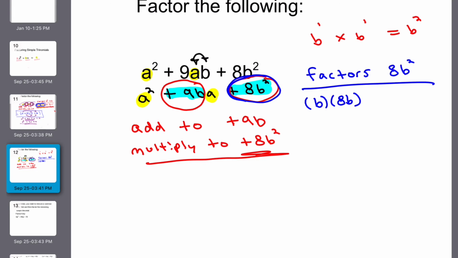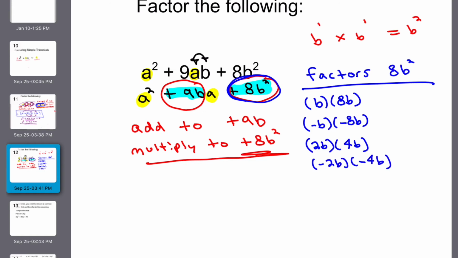We can do the negative versions, so negative b multiplied by negative 8b. That also gets us to 8b squared. What else can get us there? We can do 2b multiplied by 4b. That'll get us to 8b squared. And of course, the negative versions also work: negative 2b multiplied by negative 4b. And that is all of the factors of 8b squared.